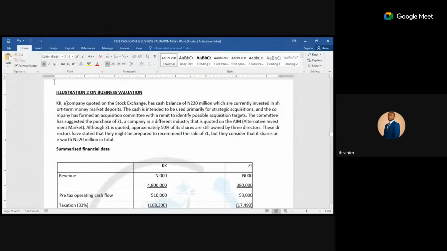Now, KK, a company quoted on the stock exchange, has a cash balance of 230 million, which is currently invested in short-term money market deposits.